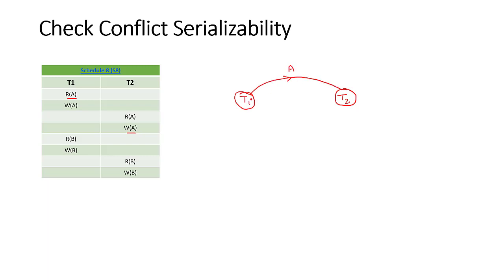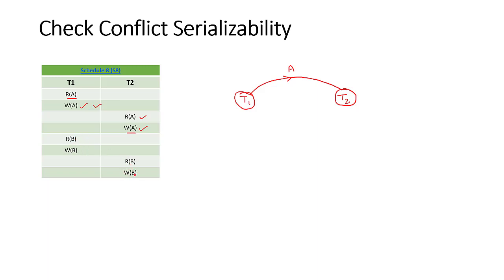Mentioning the data item is not necessary, and similarly for this operation and this operation there will be an edge from T1 to T2, and this operation with this operation there will be an edge from T1 to T2, which is already done. Now T1 is reading a data item, later T2 is writing that data item.